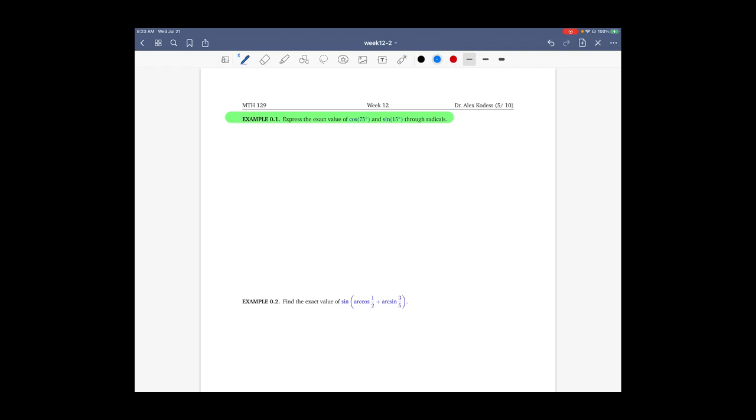We simply need to write cosine of 75 degrees as cosine of 45 degrees plus 30 degrees. The idea is that we know all trigonometric functions of 45 degrees and 30 degrees, and we can express the cosine of the sum through these known trigonometric functions.